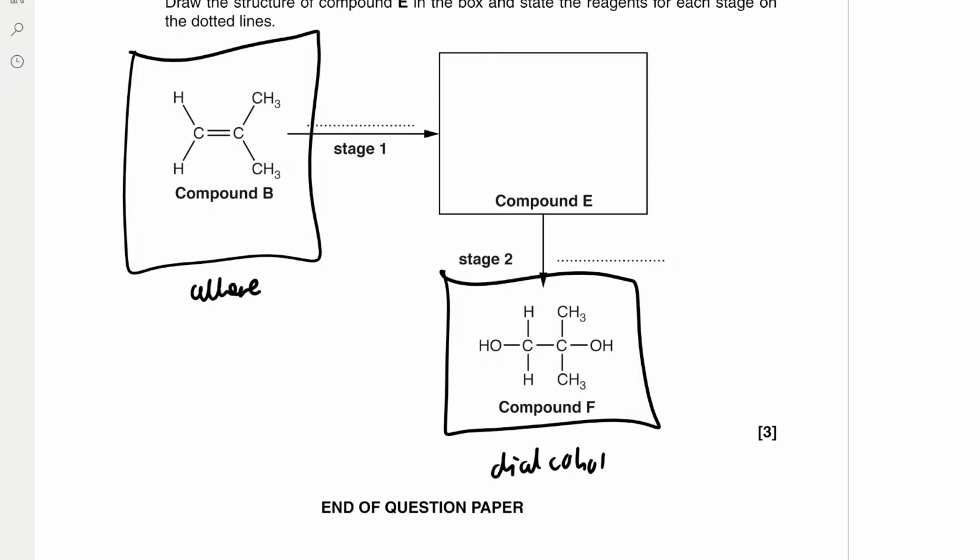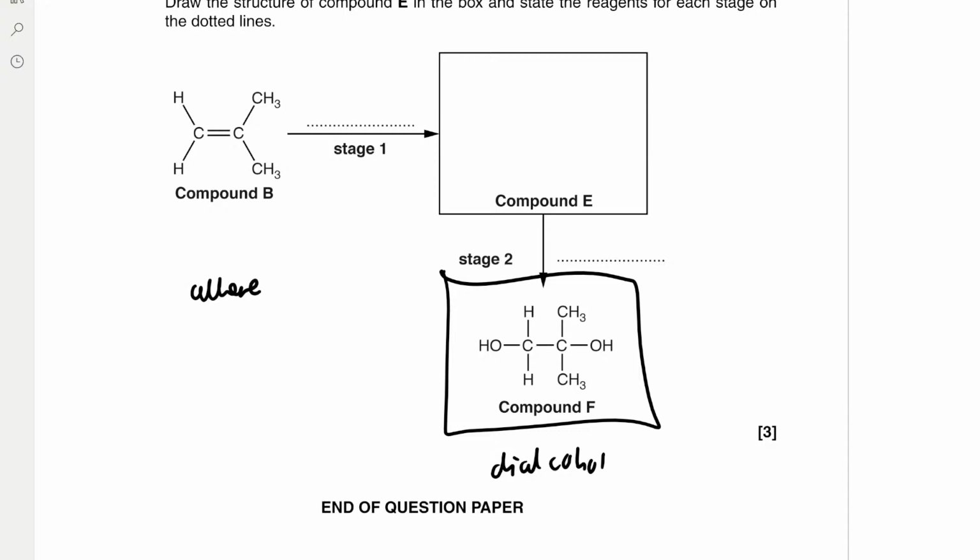So you couldn't just use steam to do electrophilic addition, because you're going to get a hydrogen on one of these carbons and then you're not going to be able to do anything with it. So we need to somehow get a dialcohol from that compound. So you could do electrophilic addition with bromine or any halogen, so you could do chlorine as well.